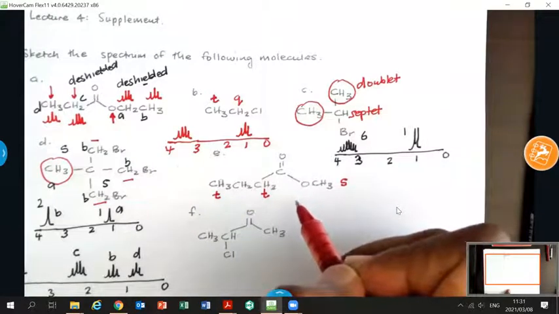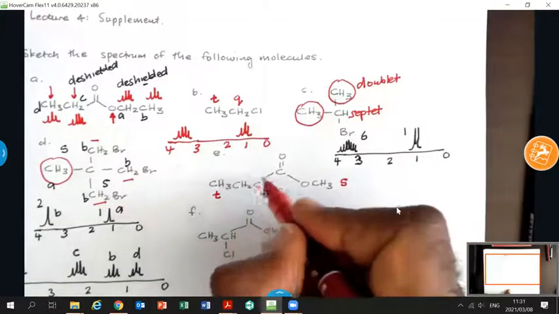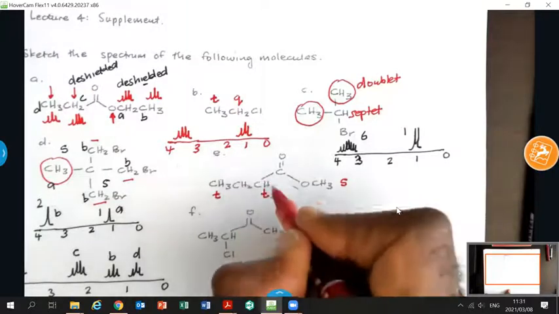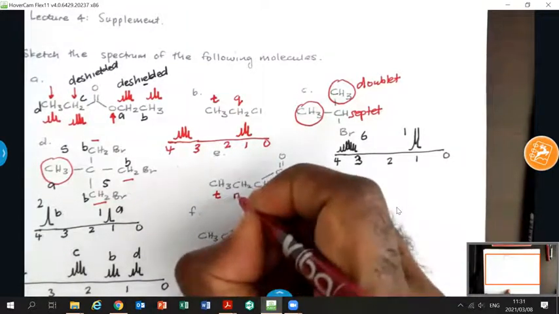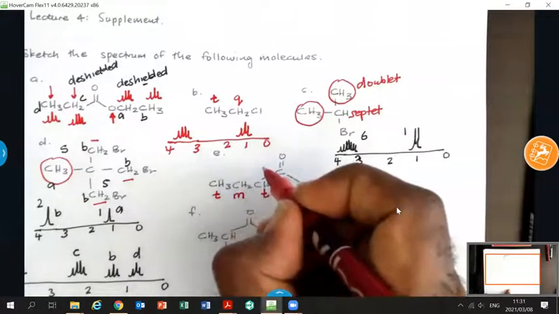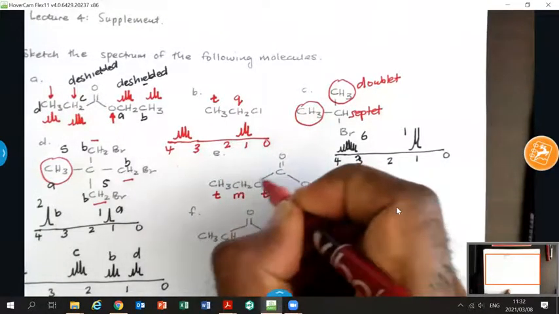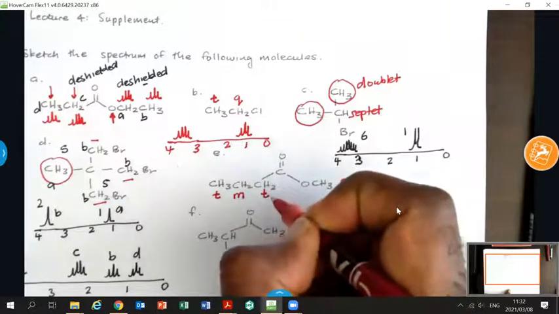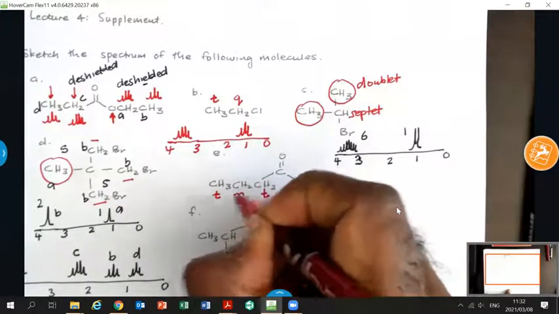But we're not going to go so much into detail with that splitting pattern and that multiplicity, right? So generally, if I have 2 proton groups next to it, I'm going to get a multiplet here. As I said, the CH2 group is first split into a quartet, and each of those quartet lines is split into a triplet, which gives us 12 lines. And we're just going to see a big multiplet for that.